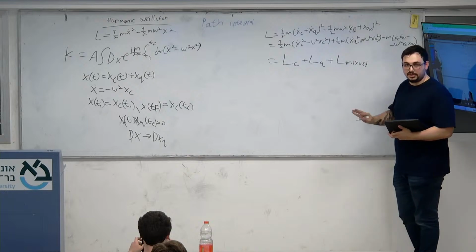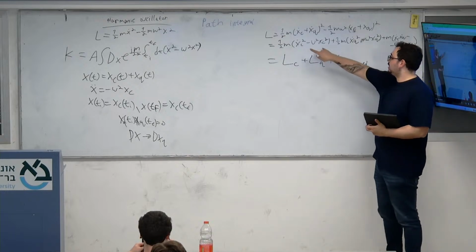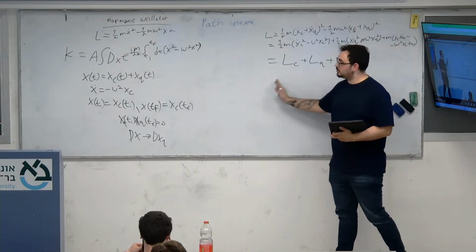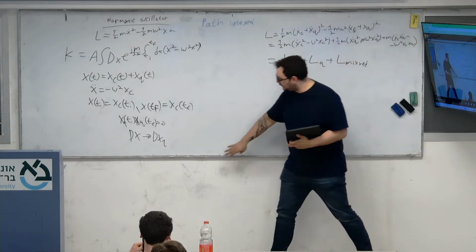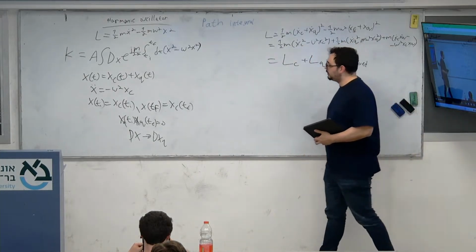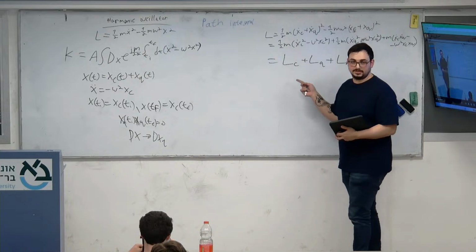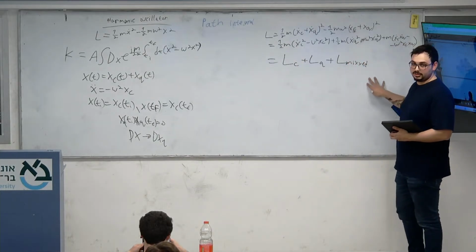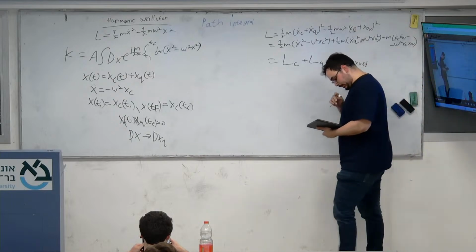Let's start with the very simplest one. The classical part of the Lagrangian goes out of the integral, since we only integrate over the quantum fluctuation, so one part is already solved. And now let's look for a second at the mixed term.